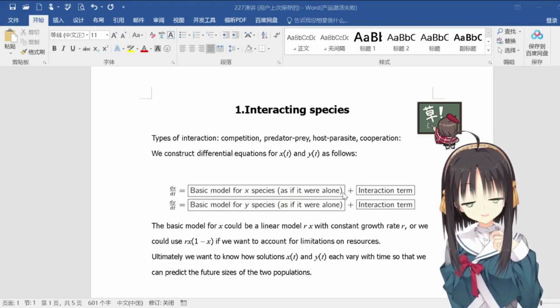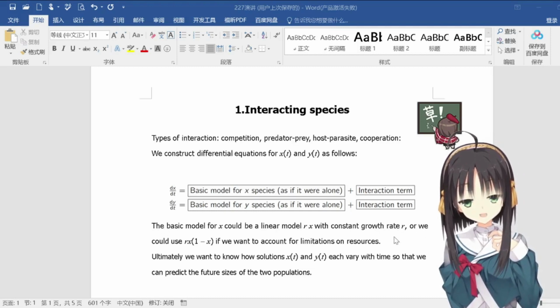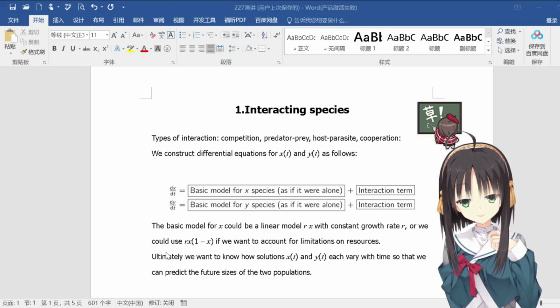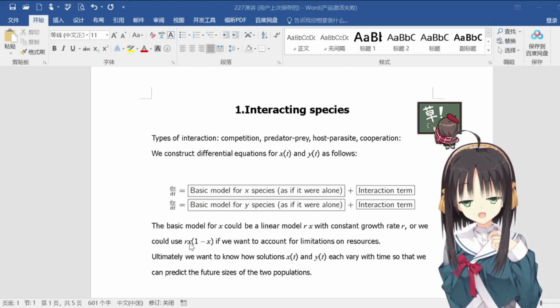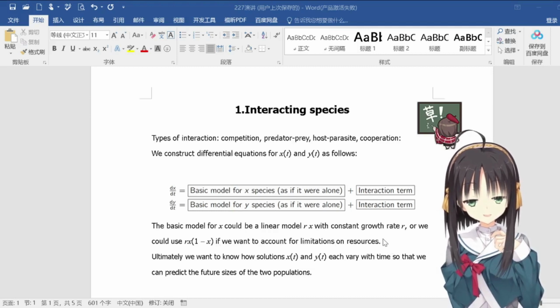Now let's separate dx/dt into two parts. The first part, the basic model for x, could be a linear model Rx with constant growth rate R, or if we want a model that is closer to reality, we could use Rx(1 - x) if we want to account for limitations on resources.